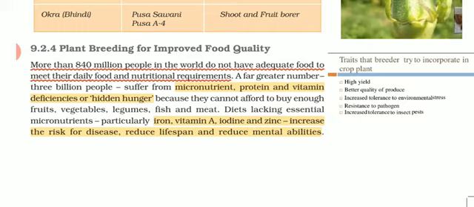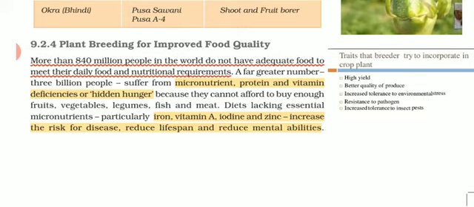That can be micronutrients, proteins or vitamins, because they don't have enough money to afford these kinds of nutrients in their diets. So what can be done is that we can increase the quality of protein, oils, vitamins in normal growing crops.